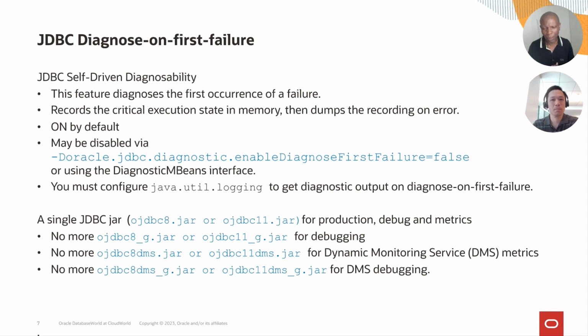As you will see in the demo, by just using the production jars, we were able to get the diagnosability and debugging information when a failure occurs. So that's a summary of how diagnose on first failure works.